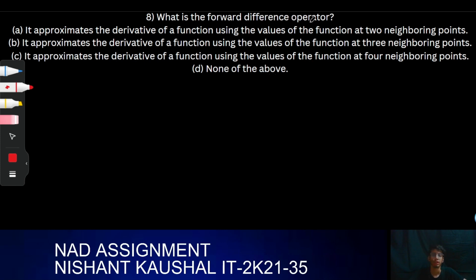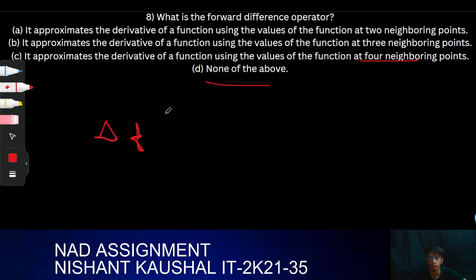What is forward difference operator? A. It approximates the derivative of a function using the values of the function at two neighboring points. B. It approximates the derivative using the values at three neighboring points, C. or four neighboring points, D. or none of the above. So let us write the forward difference operator. So forward difference operator is what?